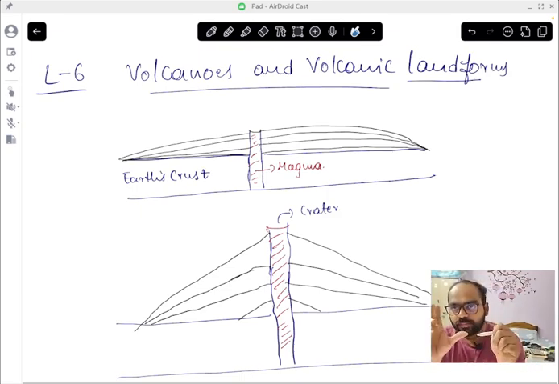The material inside the earth is called magma; once it makes contact with the ground, we call it lava. It comes to the outside through a pipe-like structure called a conduit. Through that conduit, the magma makes its way to the ground.